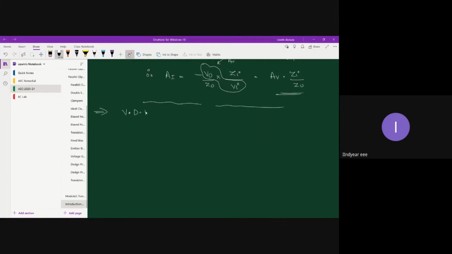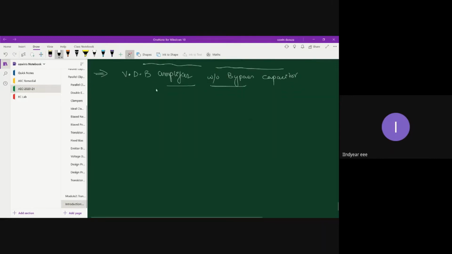Let me write voltage divider bias amplifier without bypass capacitor. Okay, let's see what will happen. Let me quickly redraw the circuit.